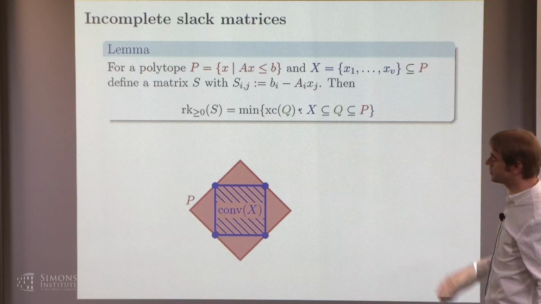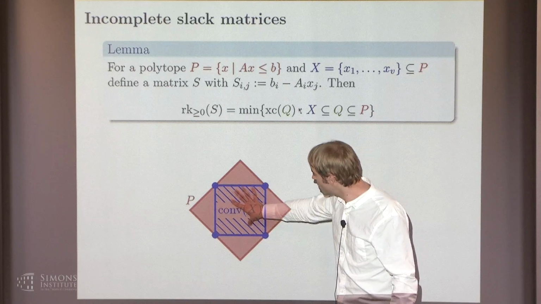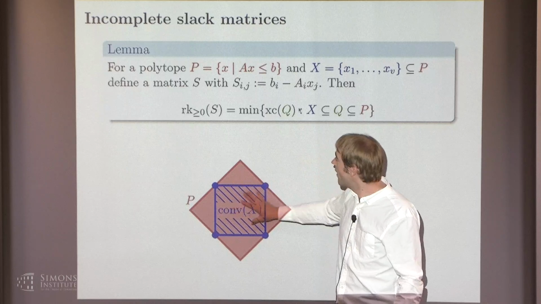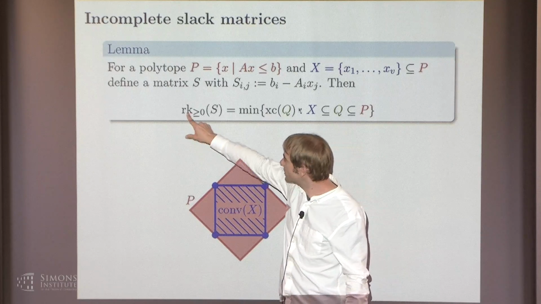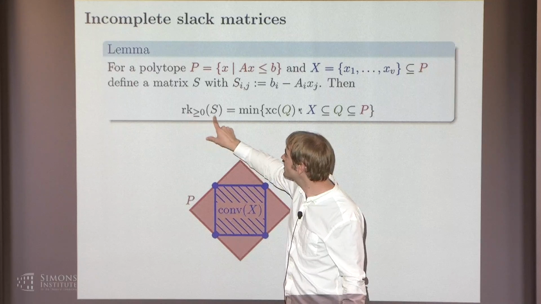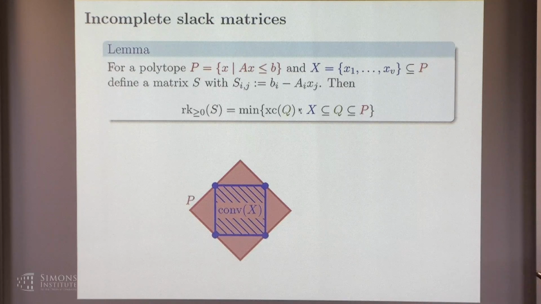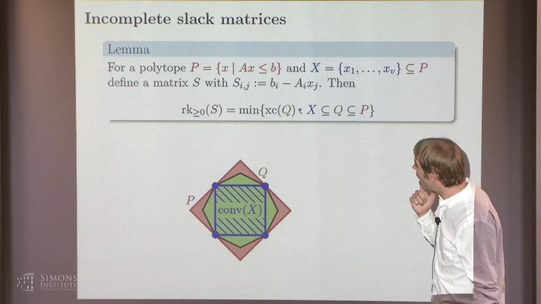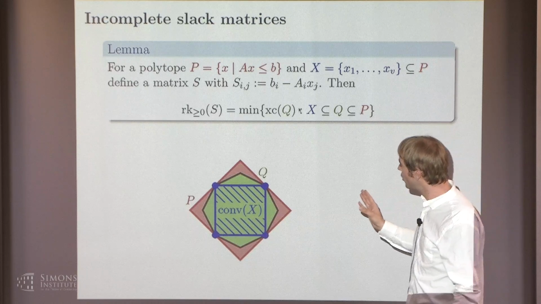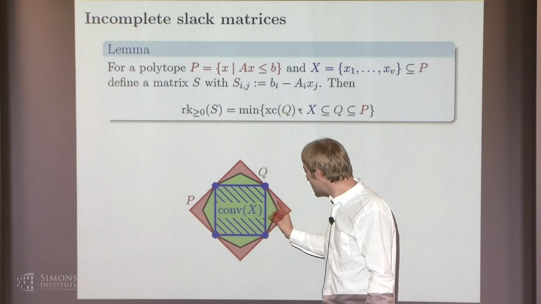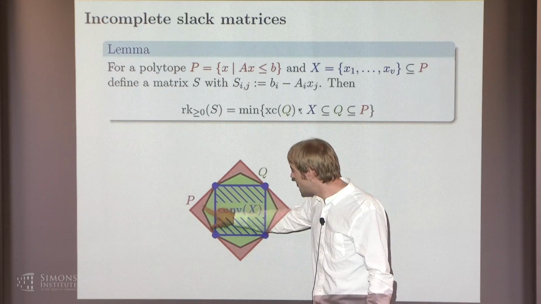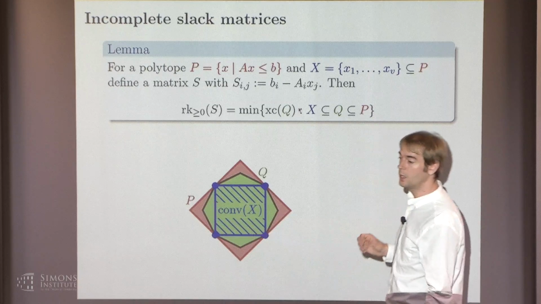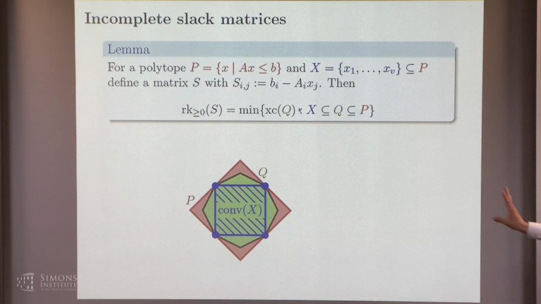What is the meaning of the non-negative rank of this matrix? It is the smallest extension complexity of a polytope that you can sandwich between x and P. We don't actually need that, but it's a nice geometric insight, and it can be proven very similarly to Yannakakis's theorem.